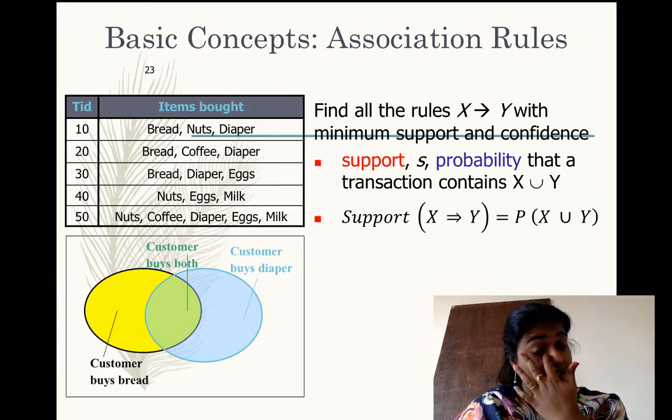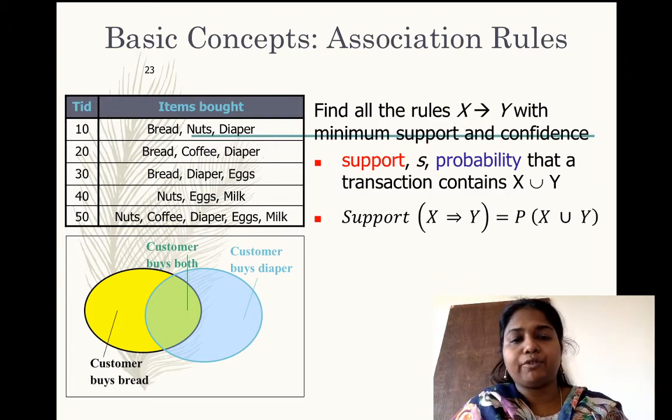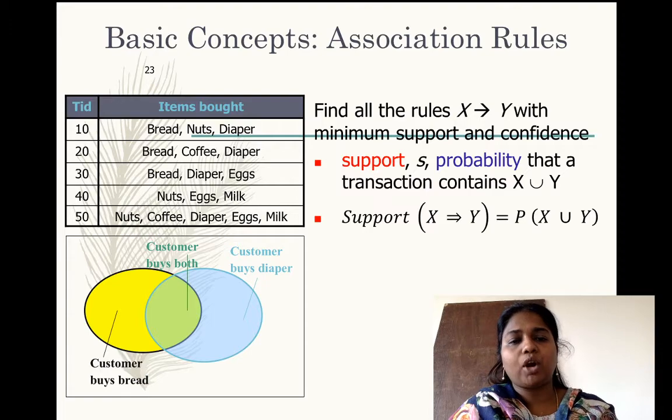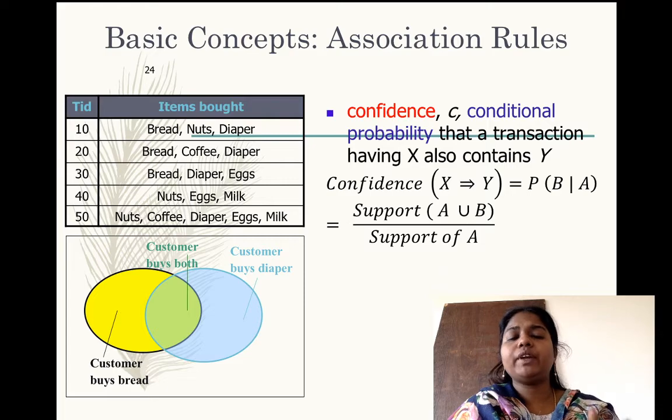So this is the actual way of defining support. Support is the probability that a transaction contains both X and Y. Confidence is the conditional probability.